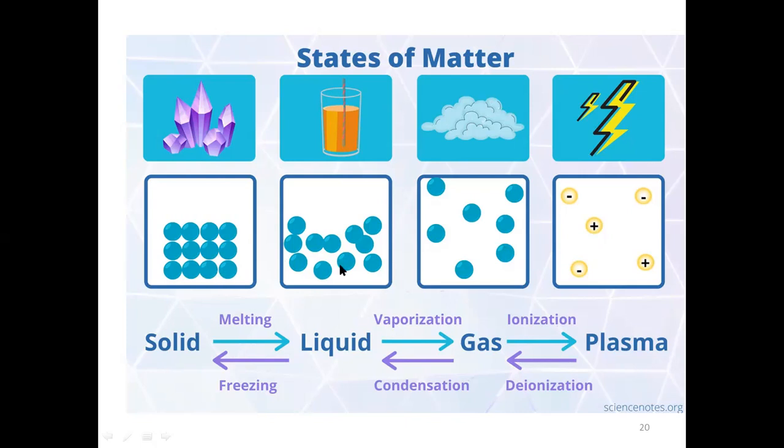So this is very clearly displayed over here. That means if you provide heat to the liquid, it will be converted into gases, and the actual reason is the molecules are away from each other.